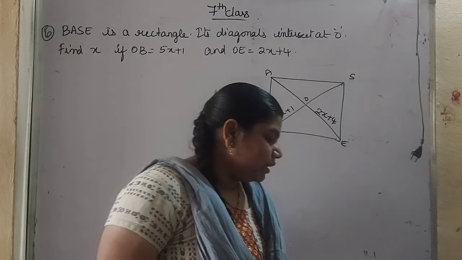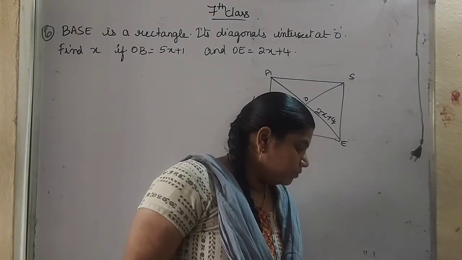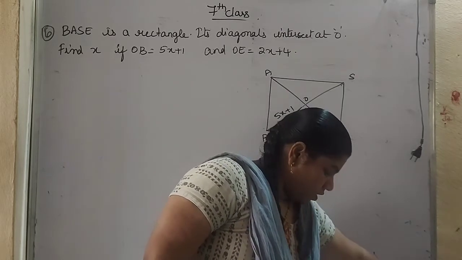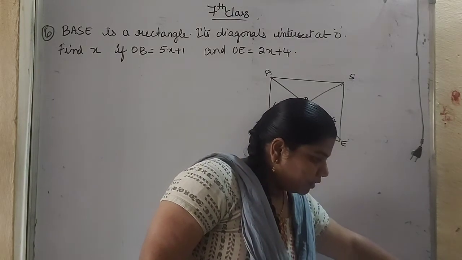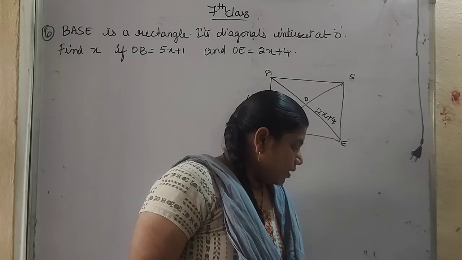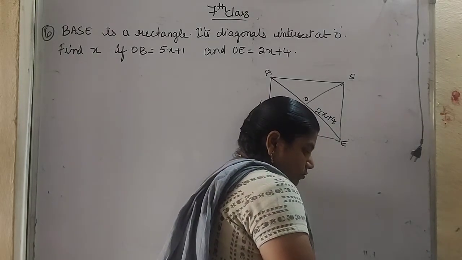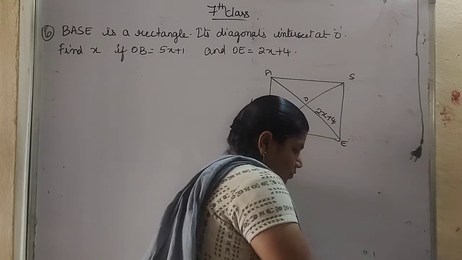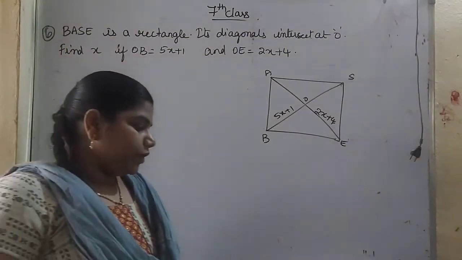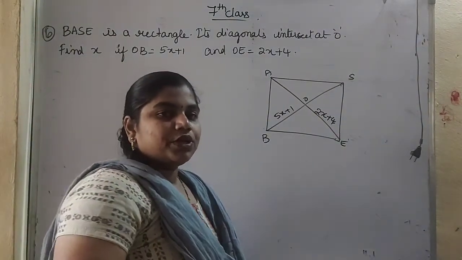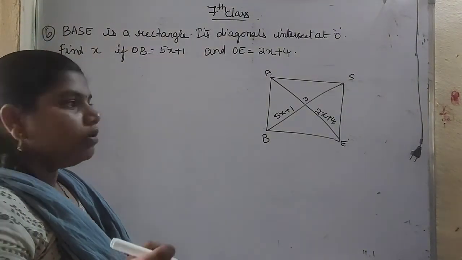So how to find the length of these two diagonals, we will see. By the properties of a rectangle, we know that the length of the diagonals will always be the same.